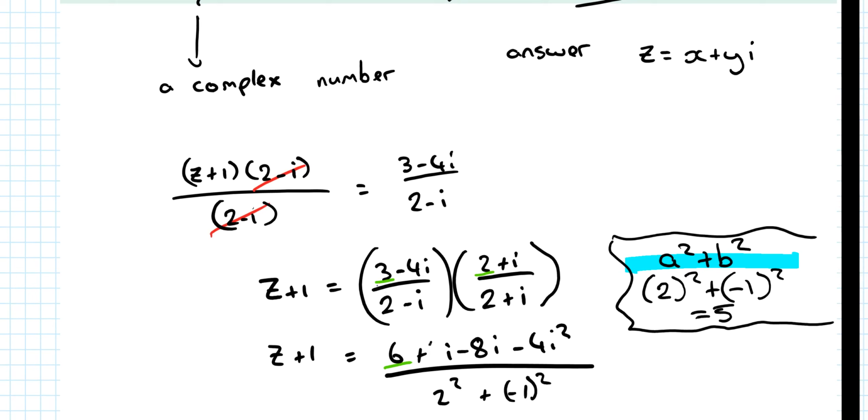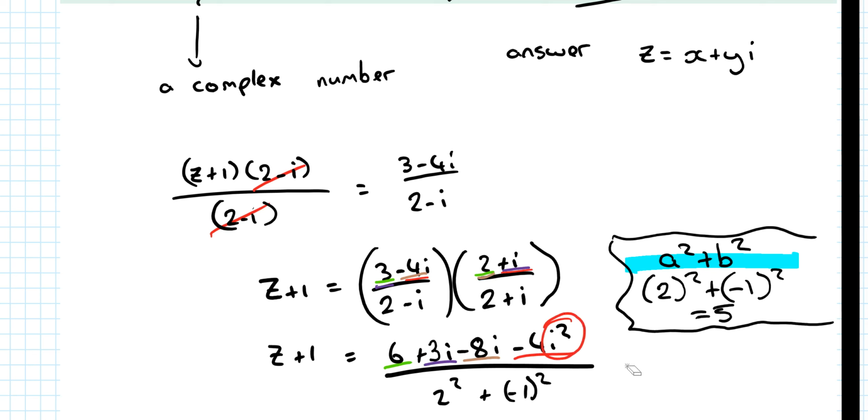So this is a 3i. Minus 4i by 2 is minus 8i. And minus 4i by i is minus 4i squared.